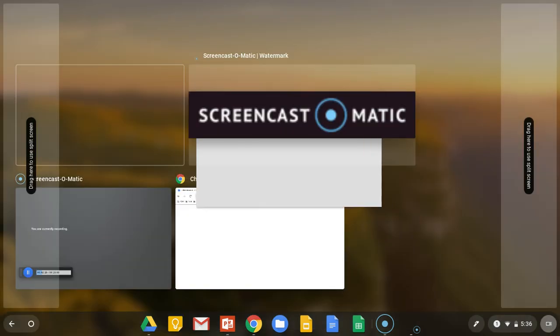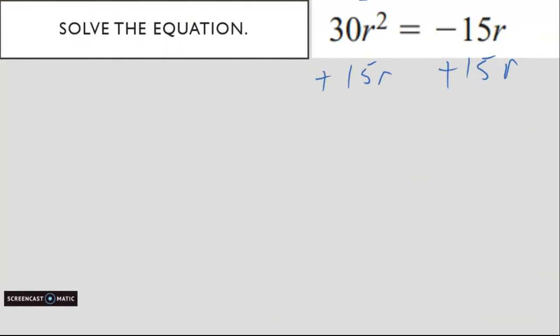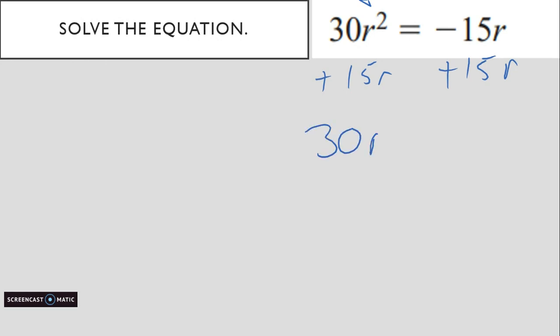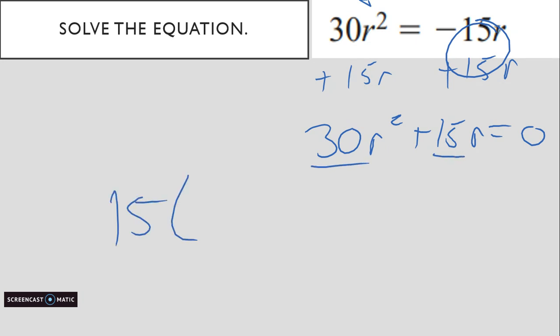They're not like terms because we don't have the exact same variable with the exact same exponent, so we'll just write it as 30r squared plus 15r. This is 0, which is what we were going for. The GCF between 15 and 30 is 15, and the GCF between r squared and r is just r.